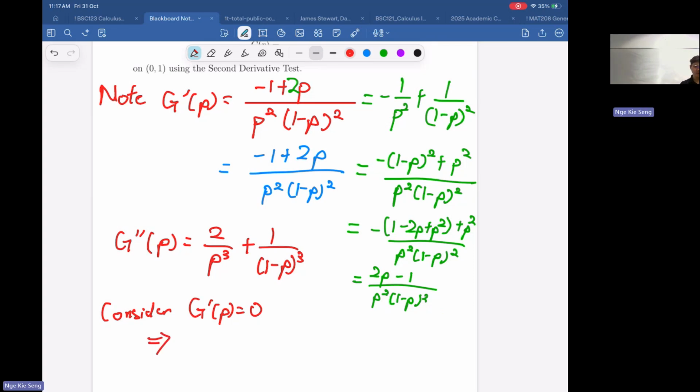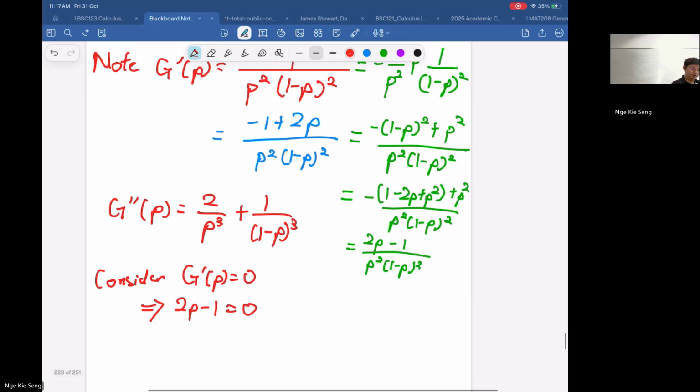To make this 0, we need 2p minus 1 equal to 0, so p is 1 over 2.